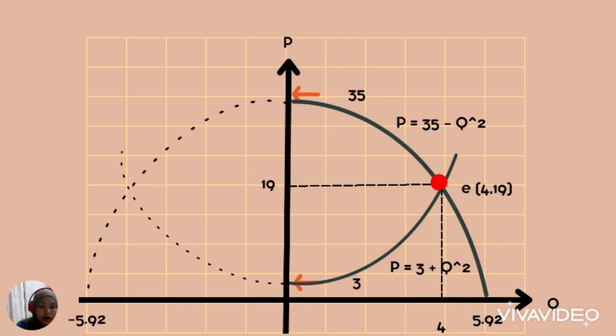The y-axis is the price, the x-axis is the quantity, and we already found the equilibrium price and quantity in the third question, so just plot everything that we already found, and this is the final graph.